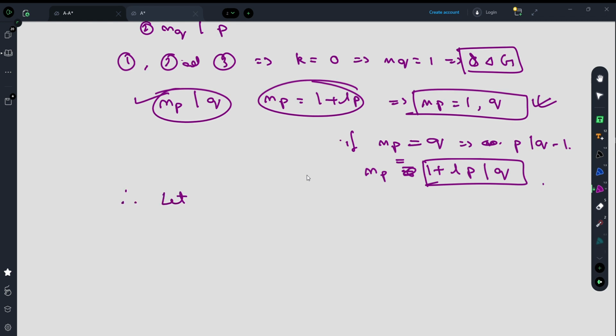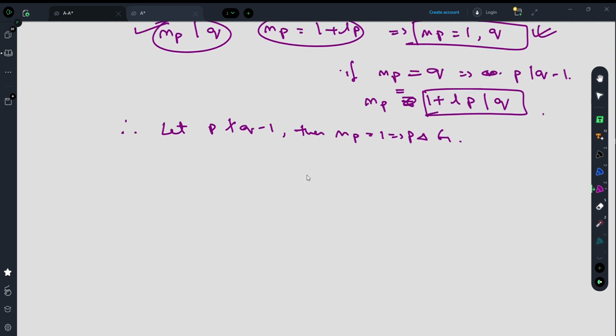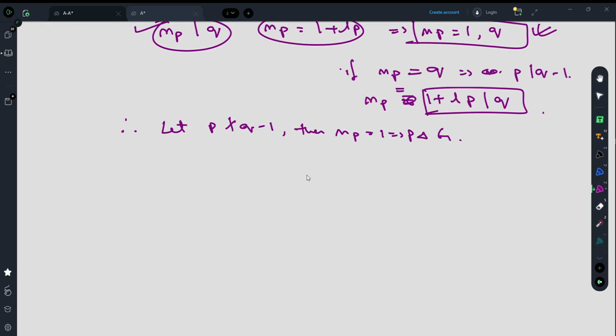Therefore, we impose the condition that P does not divide Q minus 1. Then the only possibility for NP is 1, or in other words, P is normal in G. So we have P normal in G and Q normal in G.